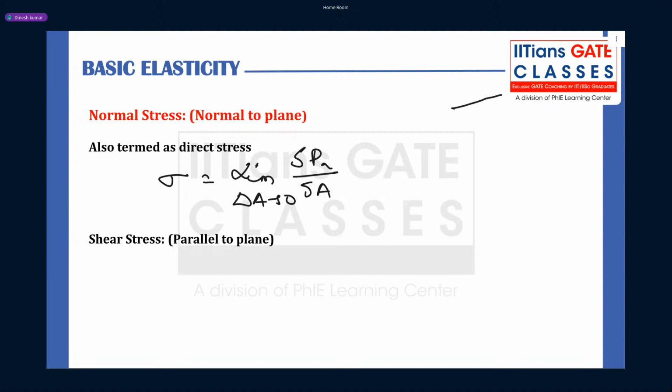Suppose you are taking a surface on which you want to find stress, and on this surface, at this particular point, there is some force which is acting inclined. The resultant force on this surface is inclined with some angle theta, right? So there will be two components of that. One is the normal component and one is the shearing component.